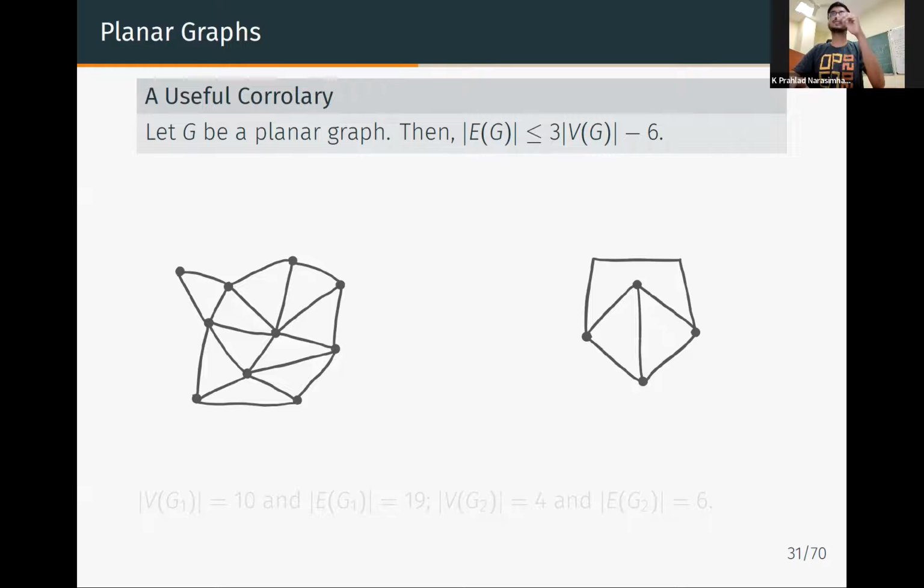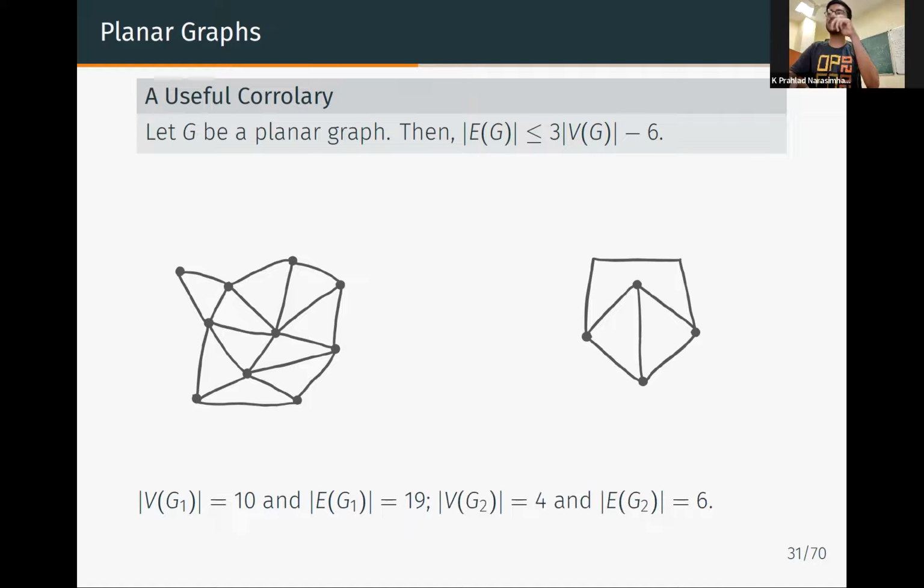So if we look at these two graphs that we have here, just look at the number of vertices, right? On the left, which corresponded to Blobland, if you remember, the number of vertices is 10 and the number of edges is 9. So if you plug in these things, 9 is less than 30 minus 6, obviously.